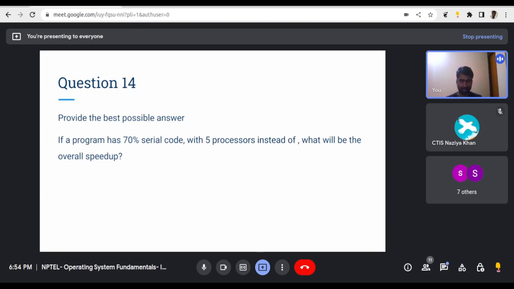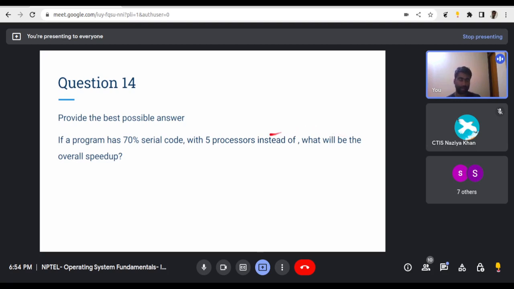This is another question related to Amdahl's law, as you may have guessed. If a program has 70% serial code, with 5 processors instead of 1, what will be the overall speed up?